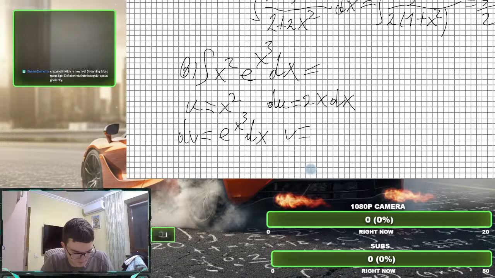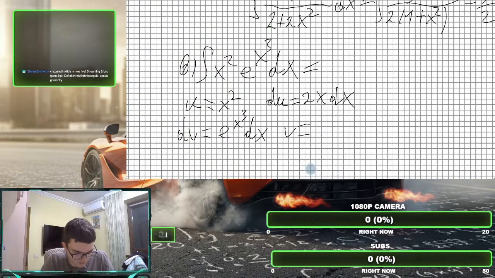So in that case you would need to firstly use u substitution, and you would get that. Yeah, that should be easier.